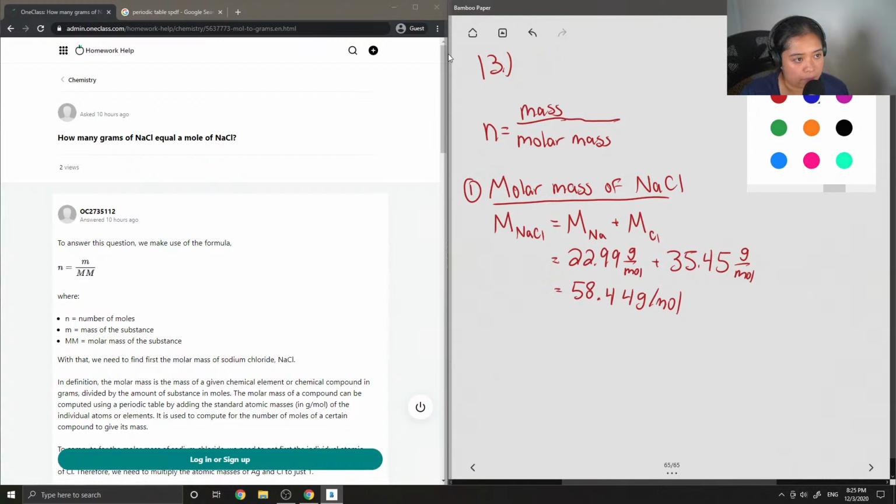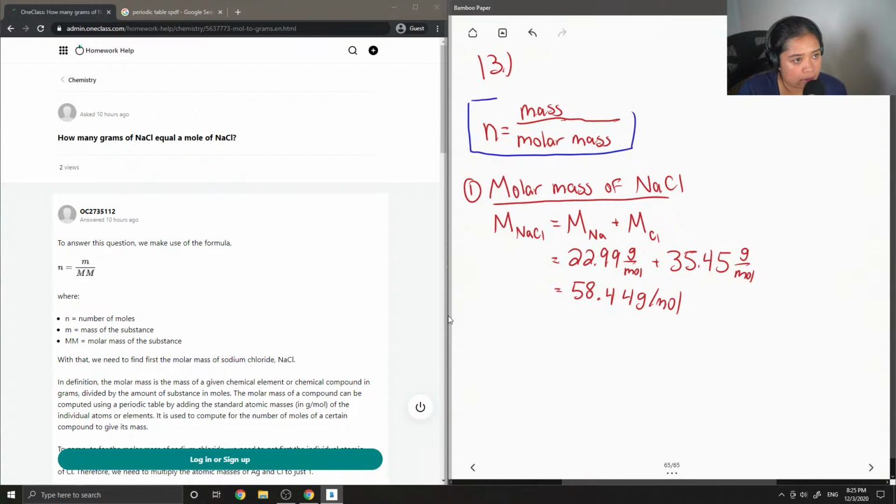So the second part of this question is to use the number of moles equation. So how many grams of NaCl is equal to a mole of NaCl? So we know that the number of moles is equal to 1, and we know the molar mass of NaCl is equal to 58.44 grams per mole.